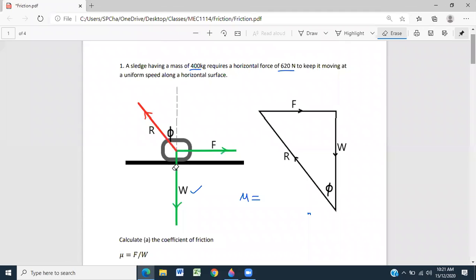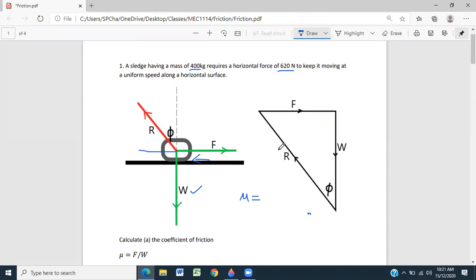So yeah, we've got these forces, we've got friction, we've got weight, and we know that if we were to put these forces together, they would form a force triangle, because again, the system is in equilibrium. And this resultant here is the frictional force, because remember, this here is the force to overcome friction.